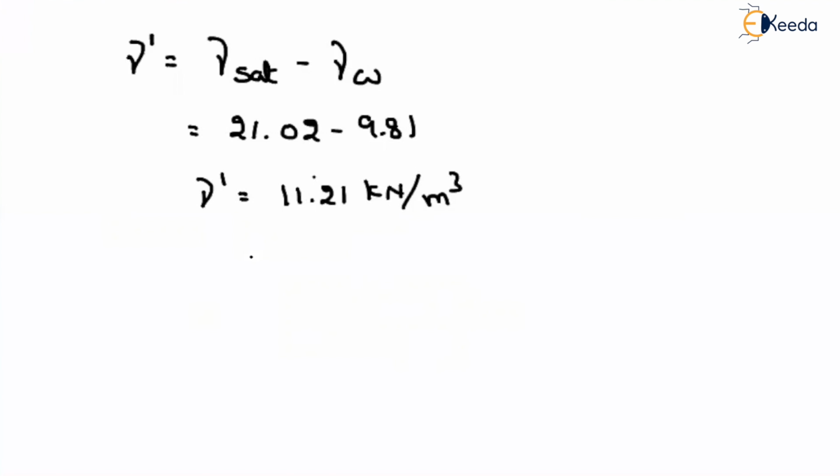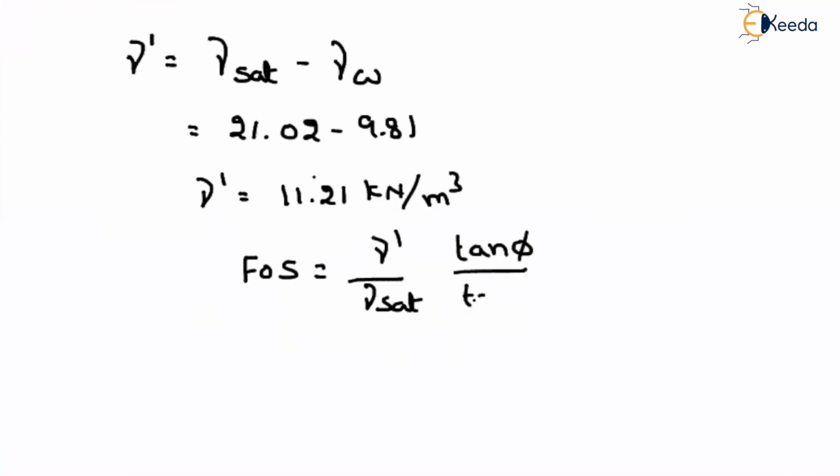Now recall the formula. Factor of safety equals gamma dash divided by gamma sat into tan phi divided by tan i. Here we have to find the i value. Gamma dash and gamma sat we have found, phi is given as 30 degrees, and the factor of safety is given as 1.5.